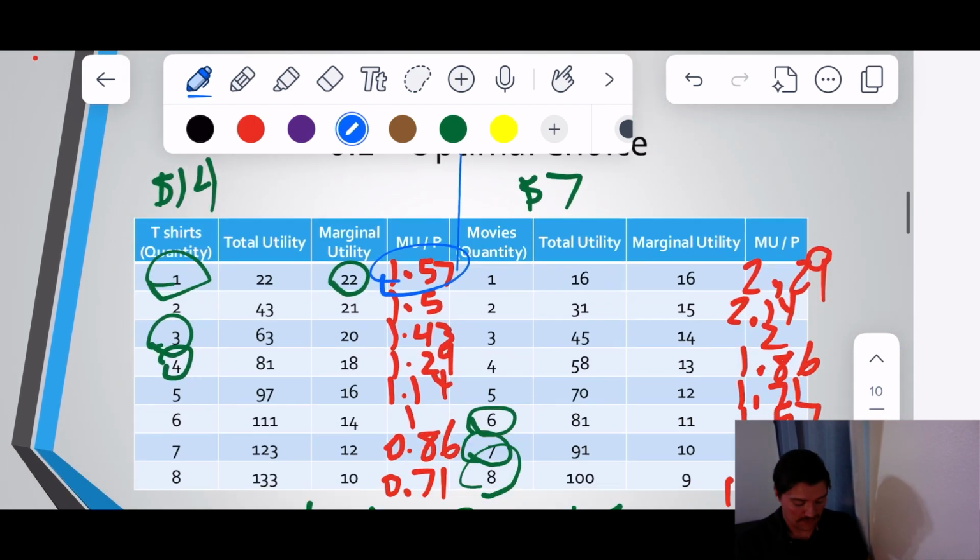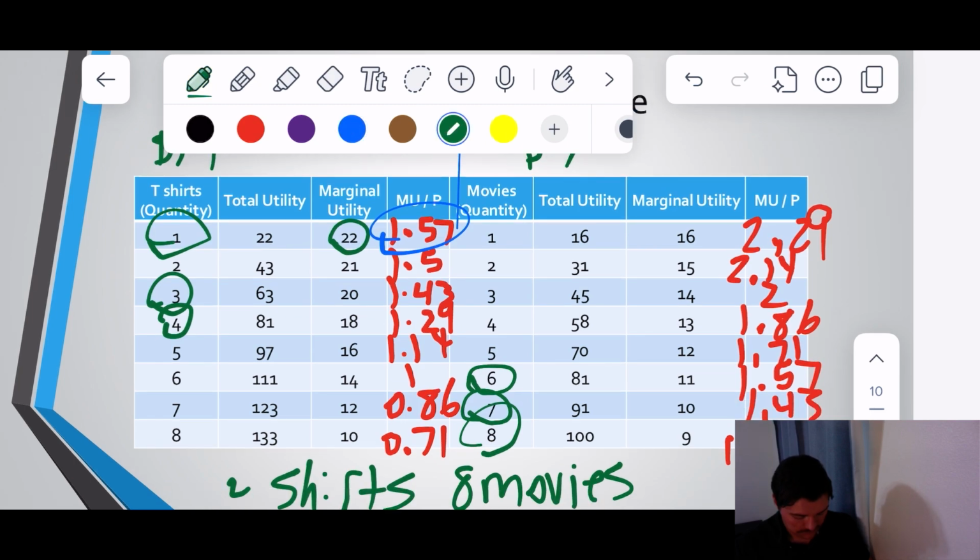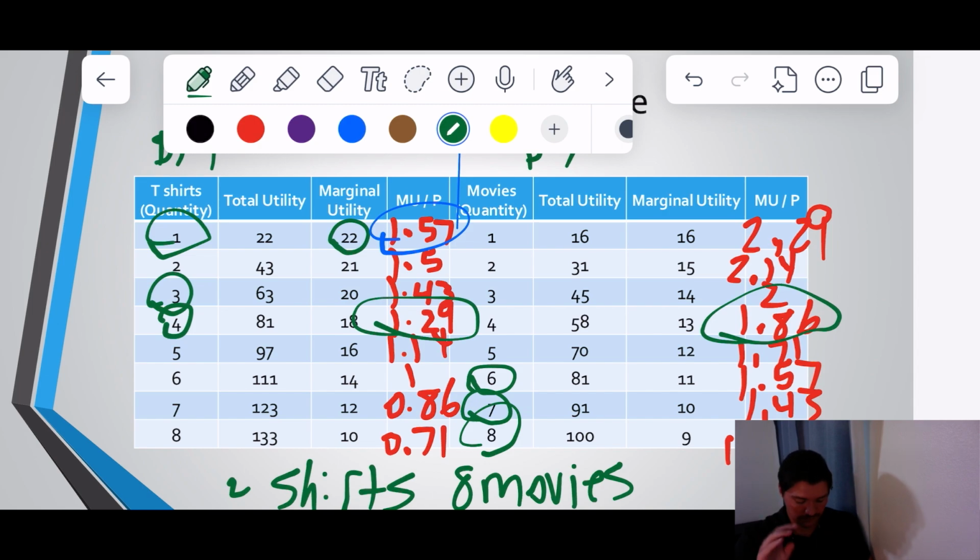We can see this back on our chart here. So as you can see, let's pick a random number of t-shirts and movies, and then we'll say 4 for each one. So here we have 1.29 for the t-shirts and 1.86 for the movies.